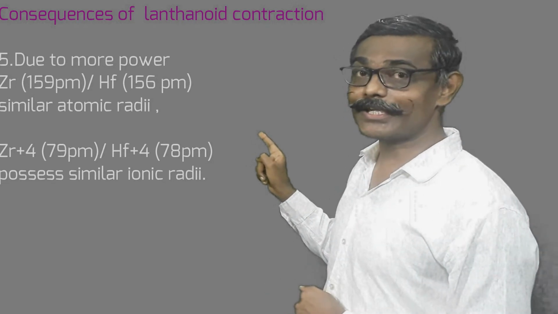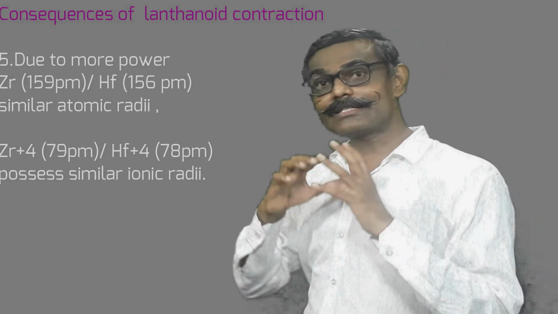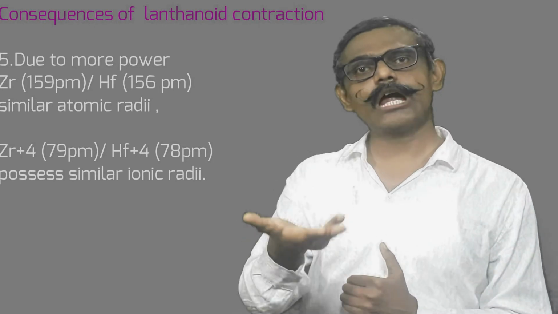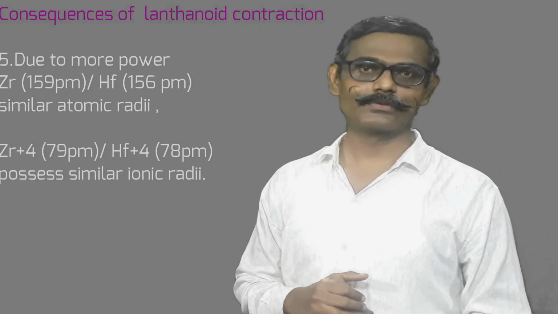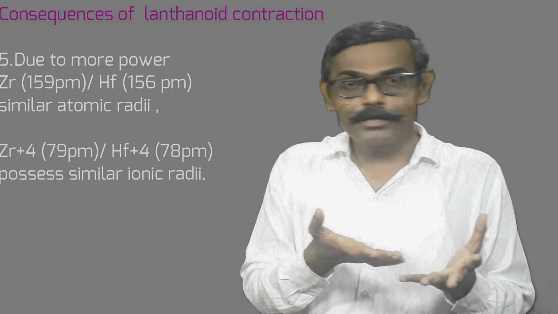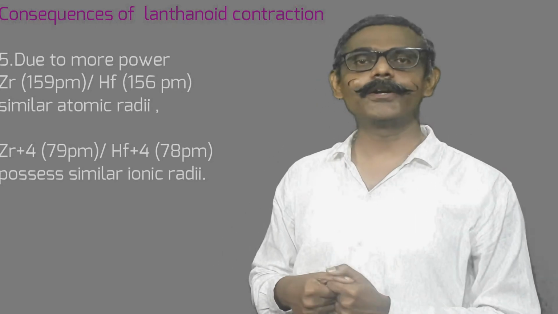So the sizes are similar, and in the case of the ions, the charge on the ion is also similar. It is very difficult to identify, to detect. They behave like chemical twins.